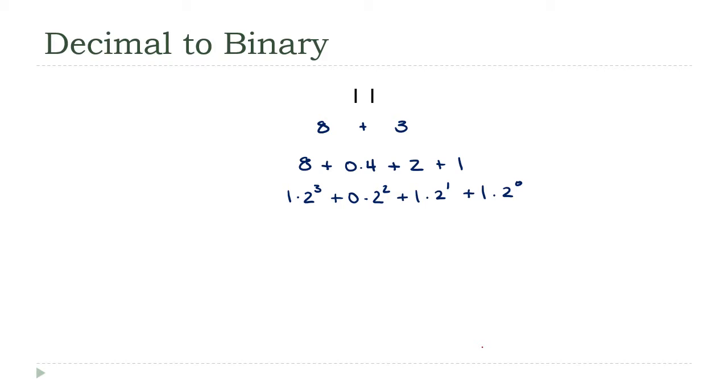And just like with that decimal number, it's the numbers out in front of the powers of 2 that are going to make up my final result. So what I would say here is that 11 is equivalent to 1, 0, 1, 1, base 2. And that's how we convert from a decimal number to a binary number.